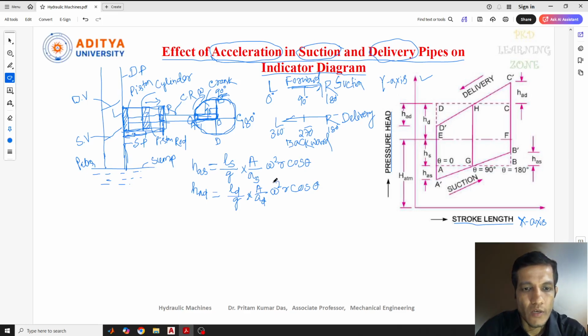So what you can understand here is that the effect of acceleration is there at the suction pipe as well as the delivery pipe, but in the ideal indicator diagram we have not considered that.